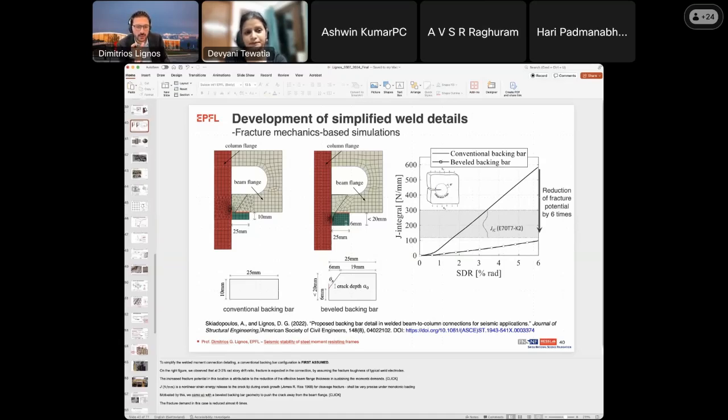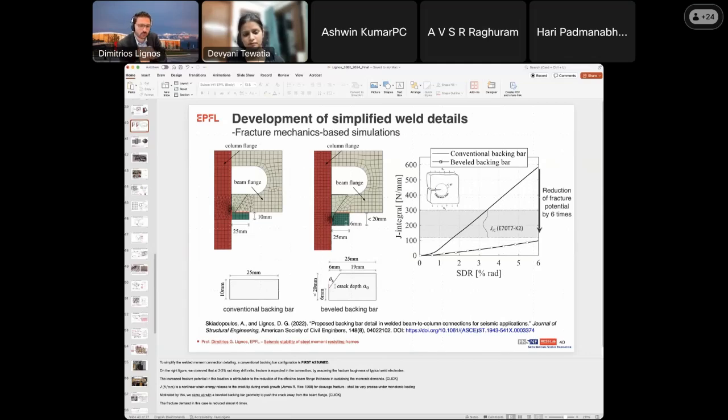But I think the way you should interpret the J integral and conventional fracture mechanics, because we have plasticity around this region, is that the fracture mechanics based approach shows that when you use the bevel, it will reduce the fracture potential.